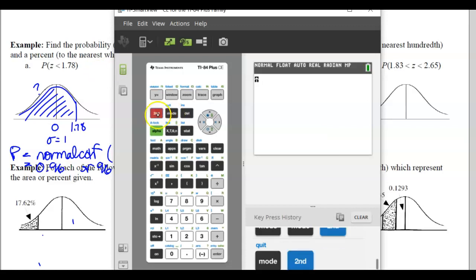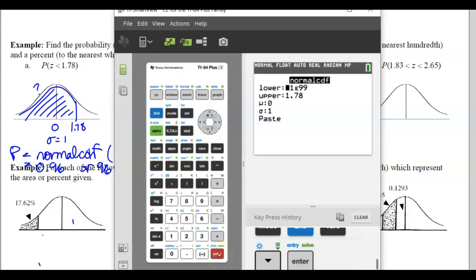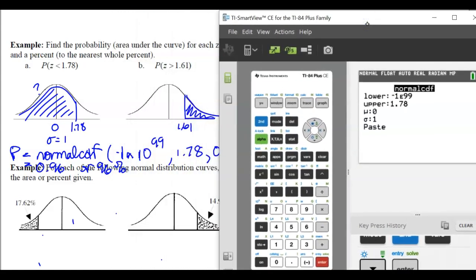Second, bars, and then normal distribution, normal CDF. So now our smallest value is 1.61. Enter on that, and then our highest value is positive infinity.